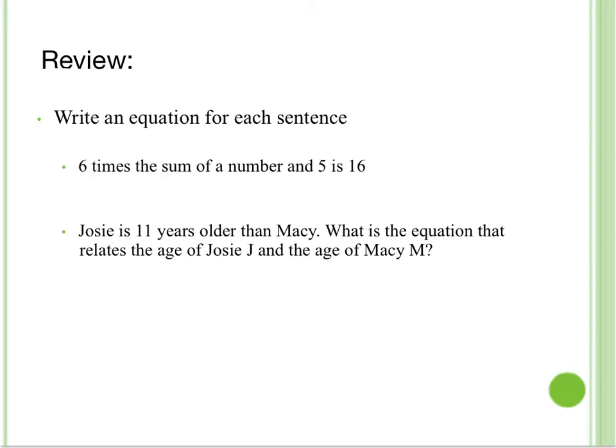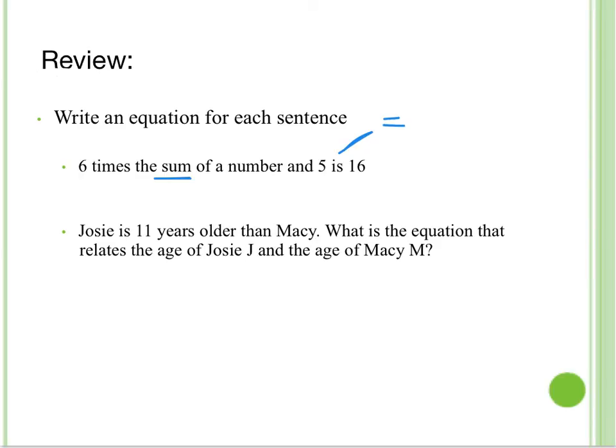But before you come to class tomorrow, I want you to do a quick review of writing equations. We've done expressions up to this point, but we haven't actually done equations. So I want you to write an equation for 6 times the sum. Remember, sum is one of those total words, of a number and 5 is, now this word is means equals, 16.